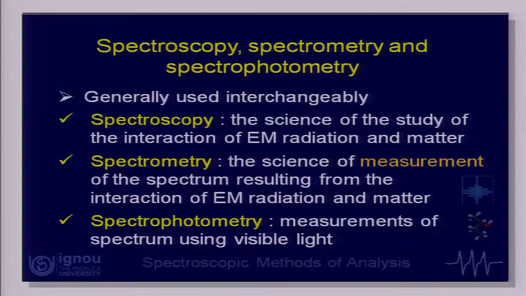Spectroscopy is the study of interaction, that is one bit. But when you talk about spectrometry, we are referring to how I measure the spectrum from the interaction of radiation and matter. And when we talk about spectrophotometry, that becomes slightly more specific. That is, if I am talking about a measurement of a spectrum involving visible light, then it is called spectrophotometry. So, these terms are used interchangeably, but we should be very clear about what terms we are using and what is the significance of each one of them.